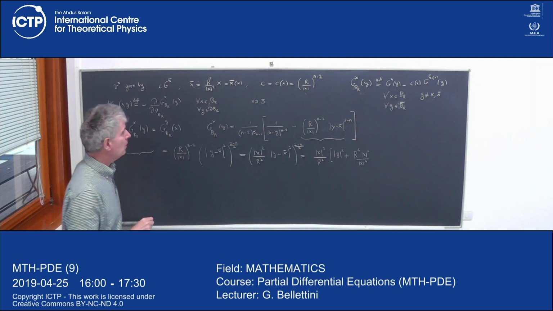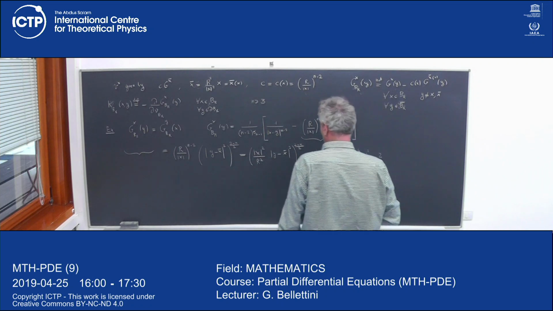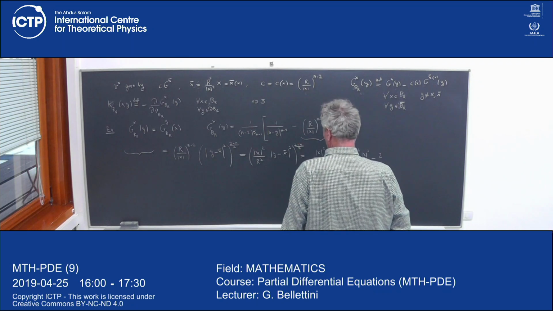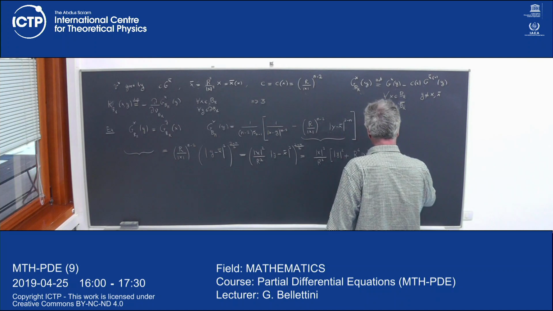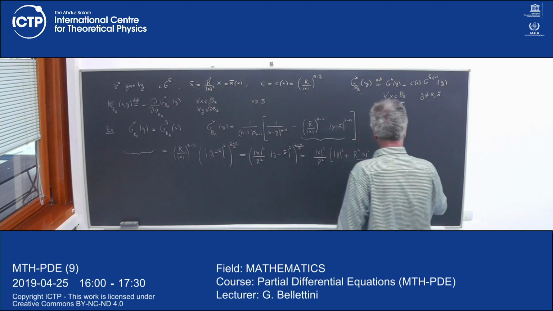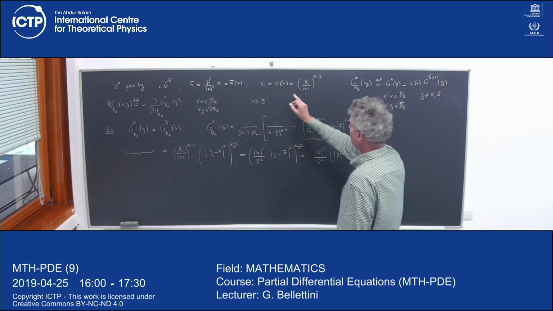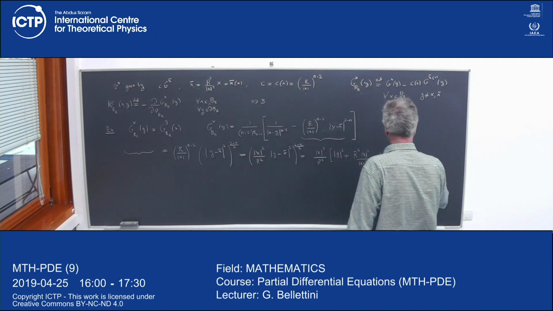Then minus 2 times the scalar product of y and x, and then we have r squared over |x| squared.